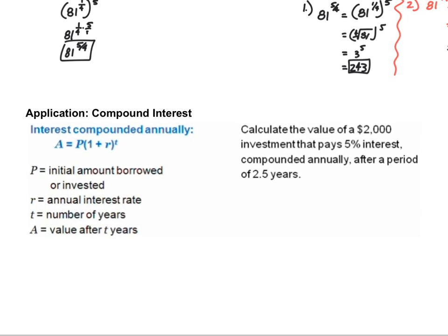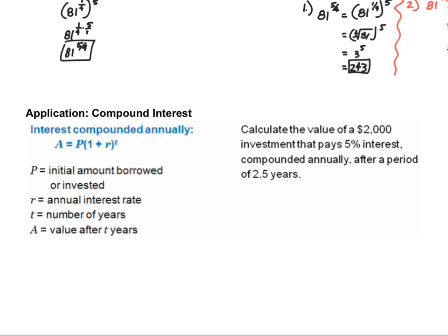All right, let's take a look at something here, and this is compound interest. If you're going to see a question like this, you're going to have to make sure you have your notes and refer back to this. This is interest compounded annually, and we can talk further about what compound interest means.